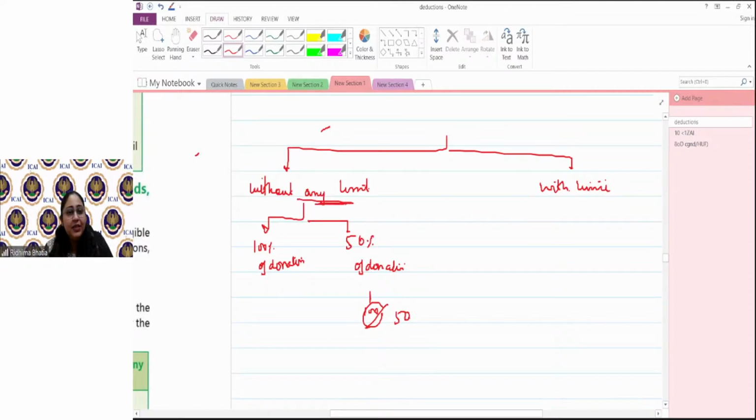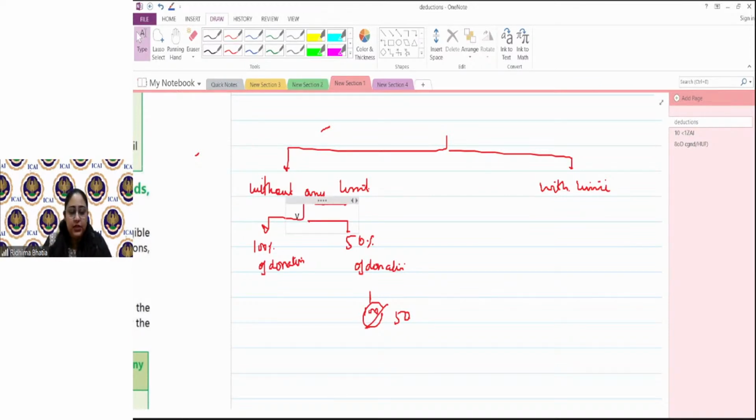But there is no limit in the sense that there is no maximum ceiling limit. There is no adjusting limit, nothing. Whatever you pay, you can claim as deduction. Whatever you donate, I should use the word, you can claim as deduction.